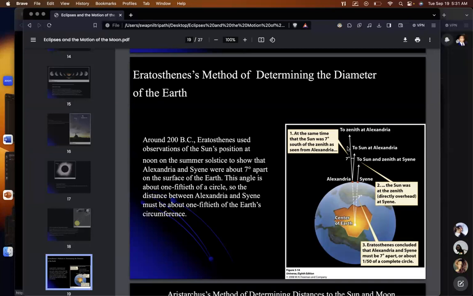It's not pointing directly towards the sun.